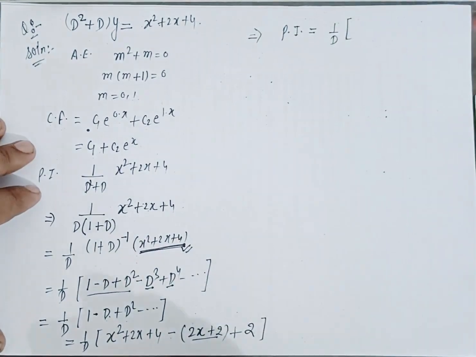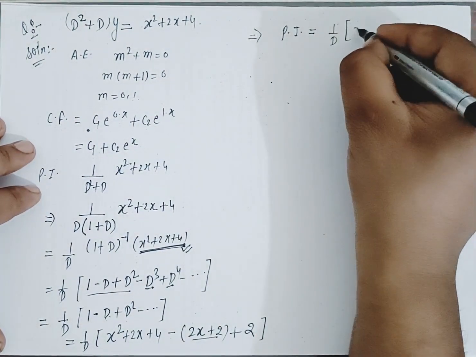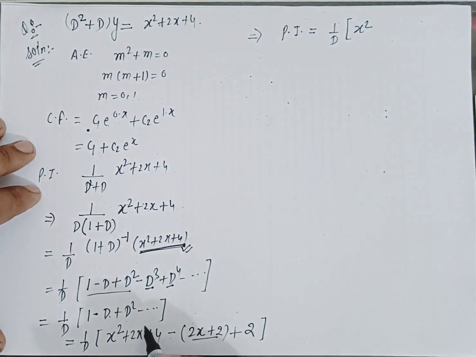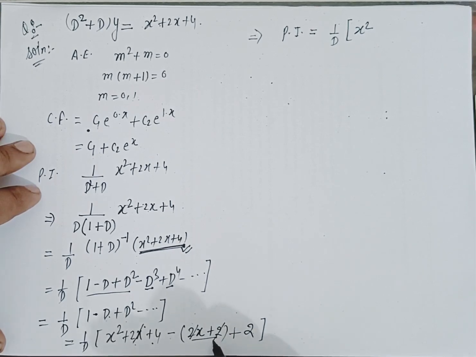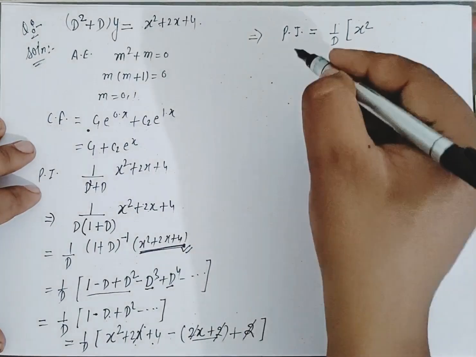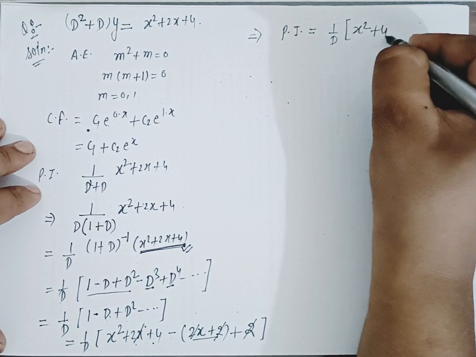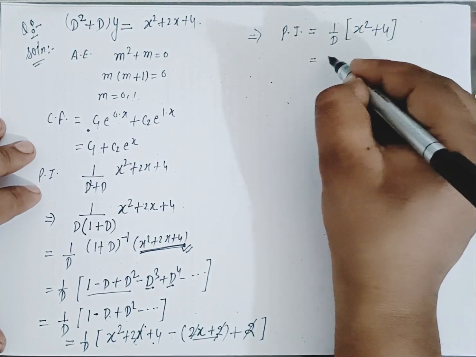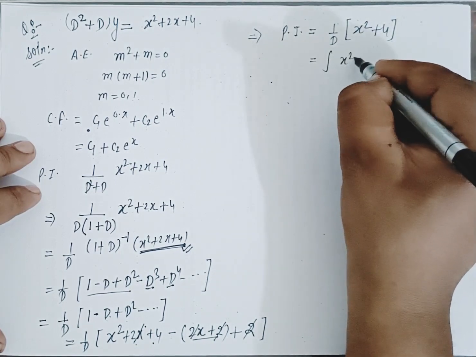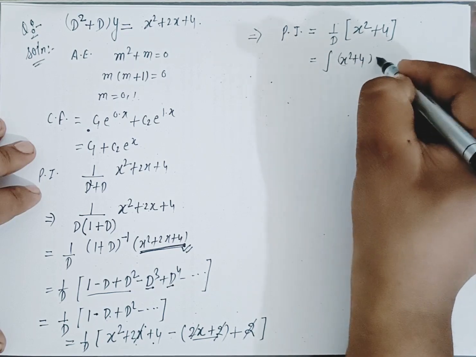Now come on, find this. So you can write x square, and you have here plus 2x and minus 2x, so these will be cancelled out. So 4 plus and minus 2, so this plus 2, this minus 2 and this plus 2 will be cancelled out, so we have the 4 here, okay, 4. So now come on, 1 upon D means integration, so we have the integration of x square plus 4 dx.